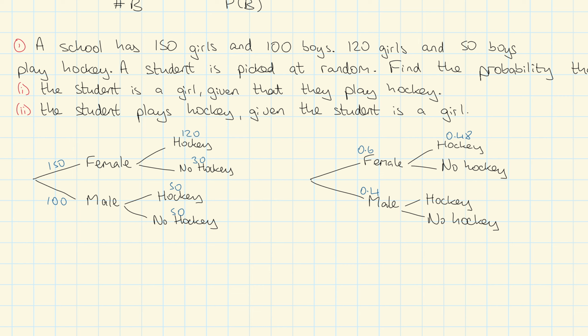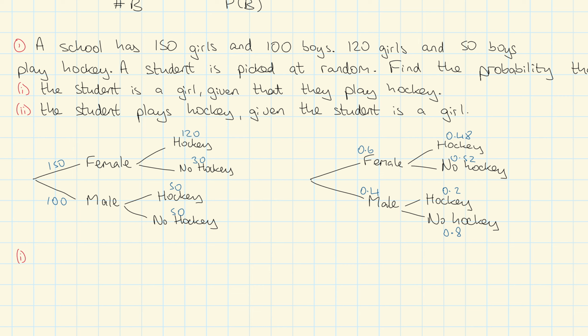And that leaves me with 0.52 don't play hockey. And for the males, 50 divided by 250 gives me 0.2, meaning 0.8 don't play hockey. Okay, so now we're ready to answer the questions.